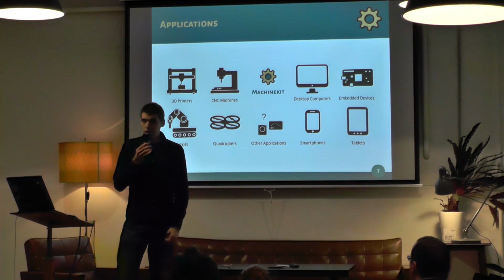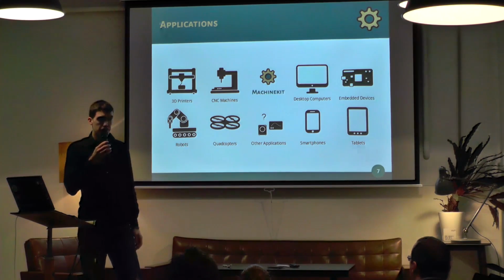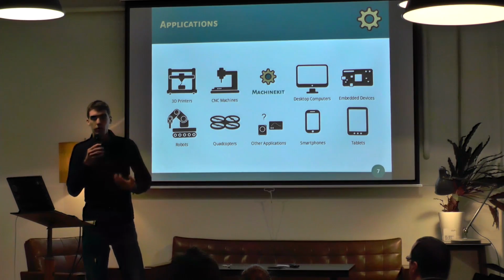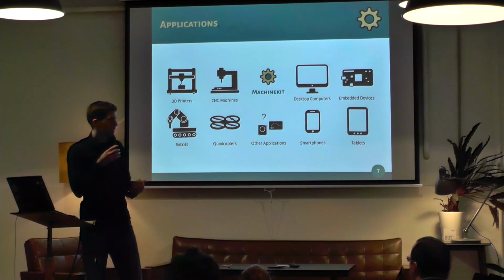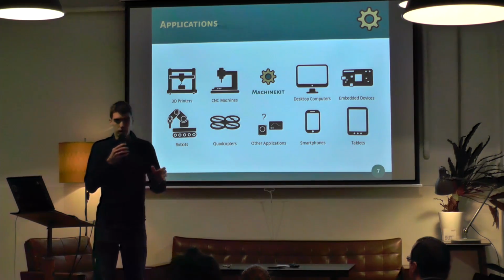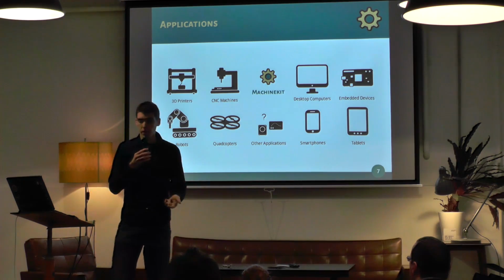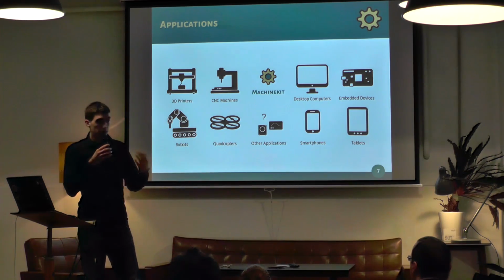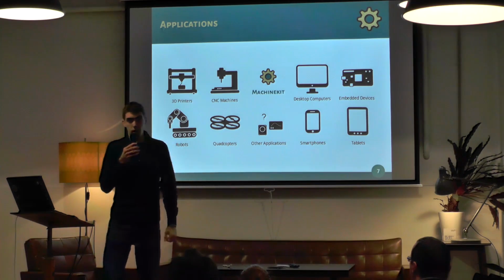The idea of Machinekit is to provide a framework for creating real-time applications and distributed setups. For example, the real-time environment can run on a desktop computer or an embedded system like a Raspberry Pi or BeagleBone, and it can be controlled by tablets, smartphones, or even the desktop computer as we saw before.